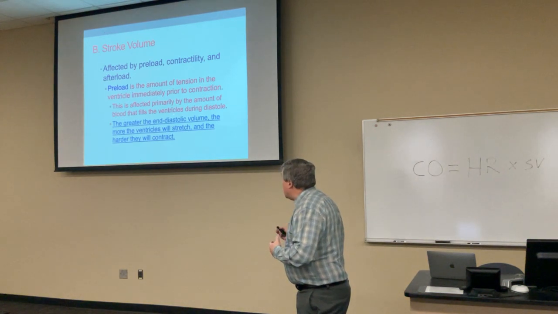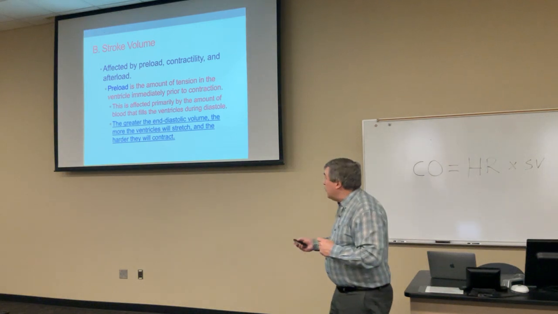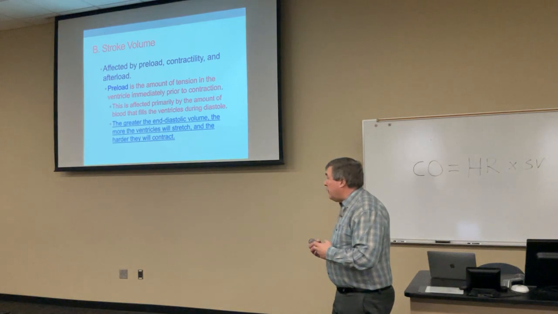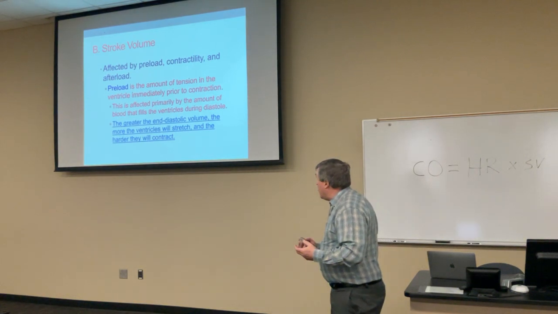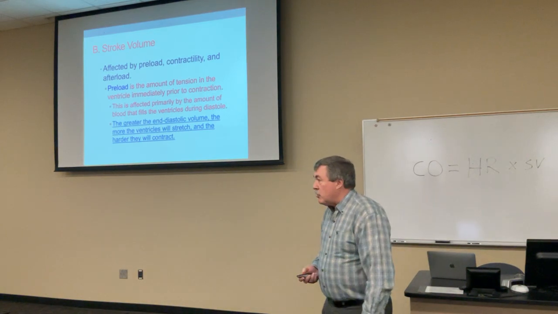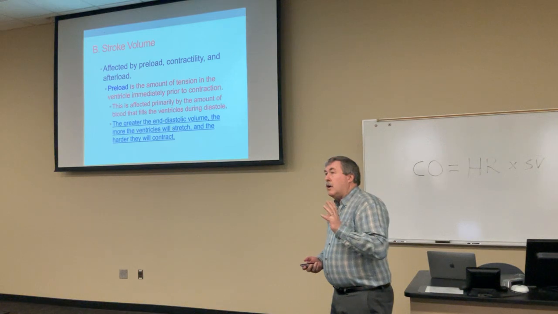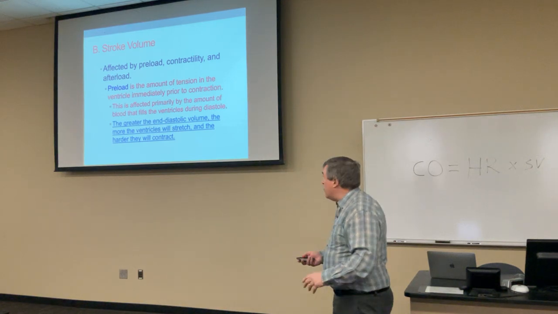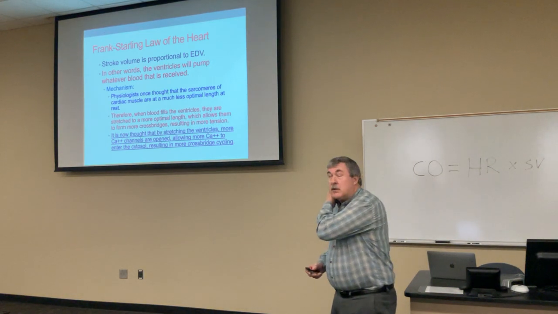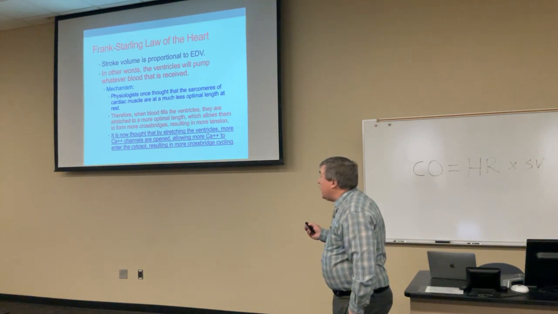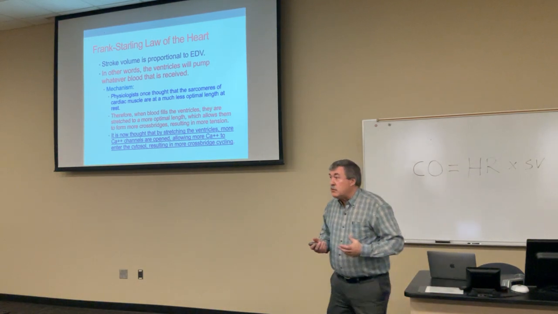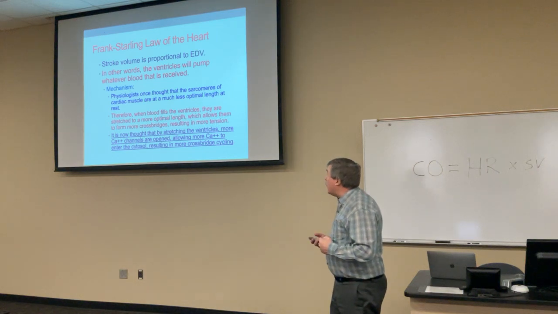Okay, so there's a relationship then between the end diastolic volume and the amount of stretch in the ventricles, which translates into a larger stroke volume because the ventricles contract more strongly. We'll explain why that occurs here in just a little bit. Okay, so stroke volume is proportional to the end diastolic volume. This is explained by two physiologists with the last names of Frank and Starling.